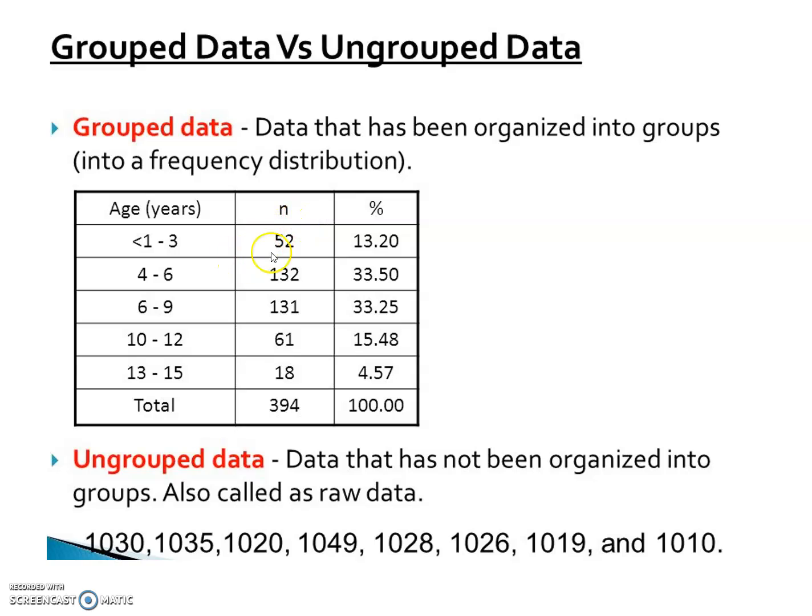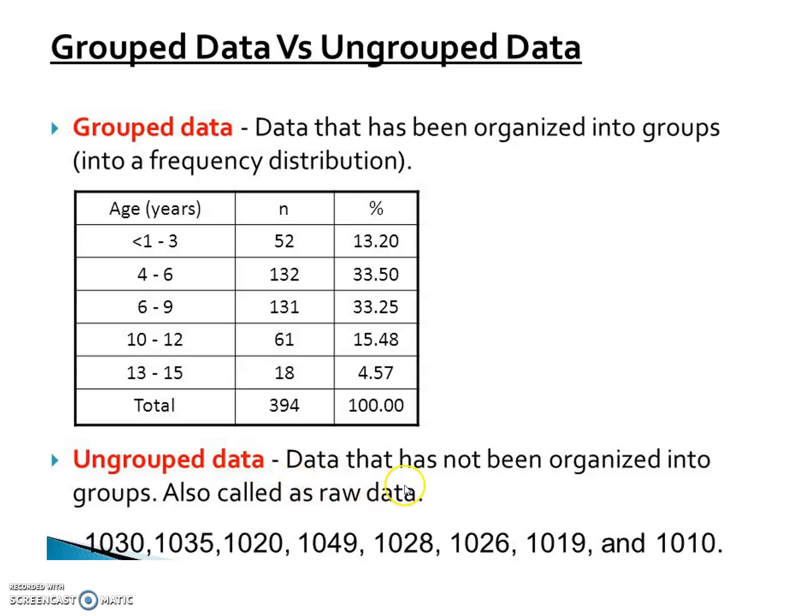Now the percentages: 13.20, 33.50, 33.25, 15.48, 4.57, total is 100 in this column. In grouped data, always remember that the class intervals are given, which may be continuous or not continuous, depending on the grouped data pattern.